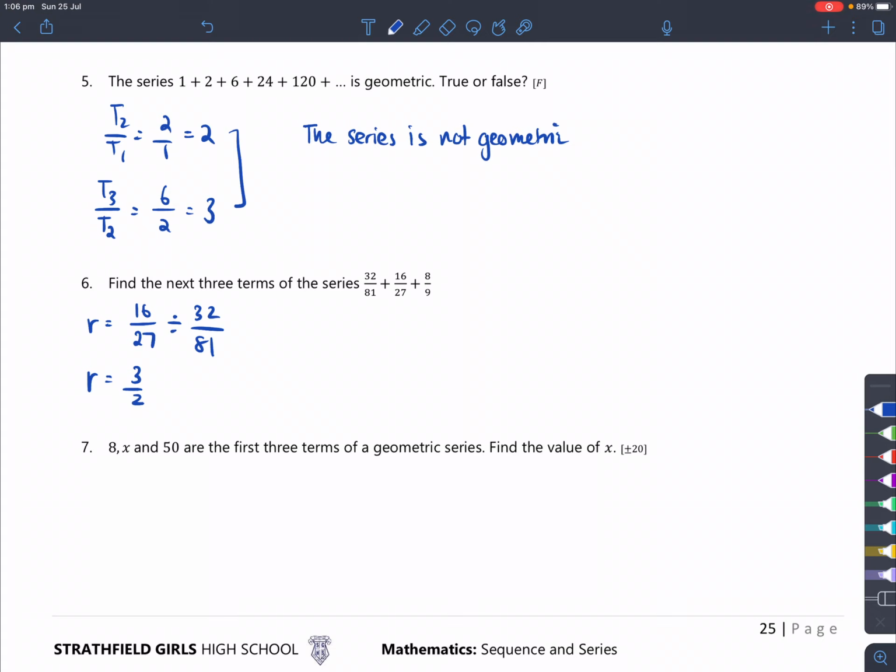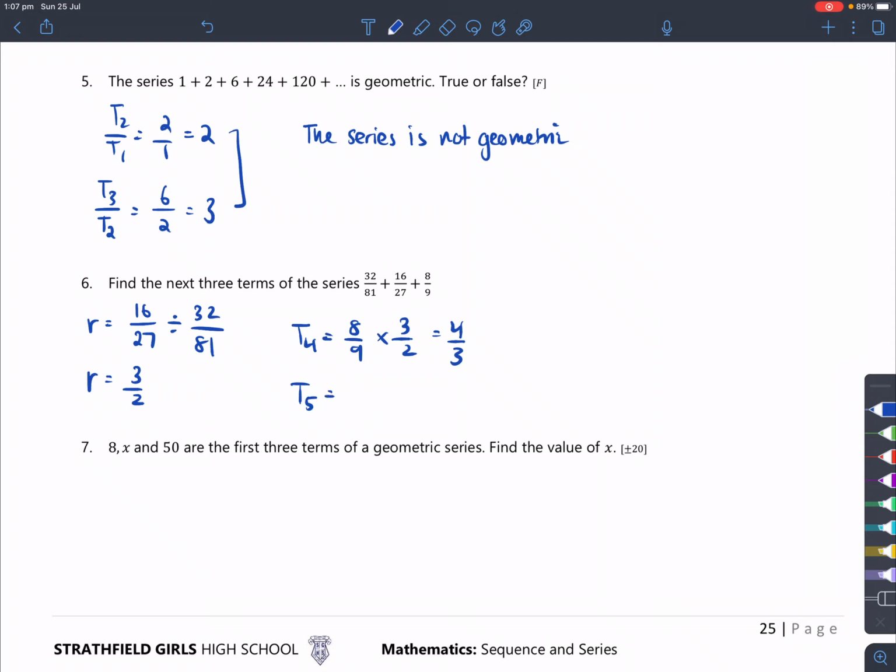So if I want to find the next 3 terms of the series, I would have term 4 being 8 over 9 times the ratio, which is 3 over 2. So 8 over 9 times 3 over 2 is going to be 4 over 3. Okay.